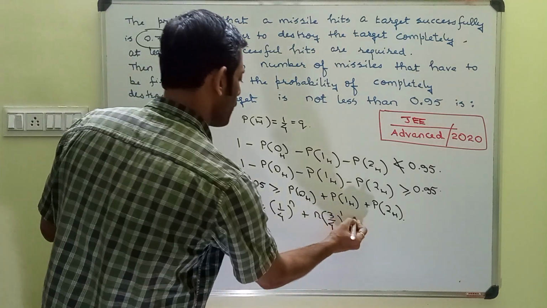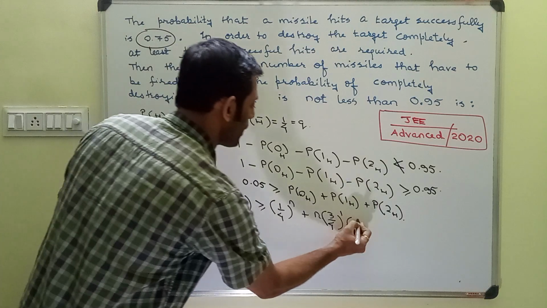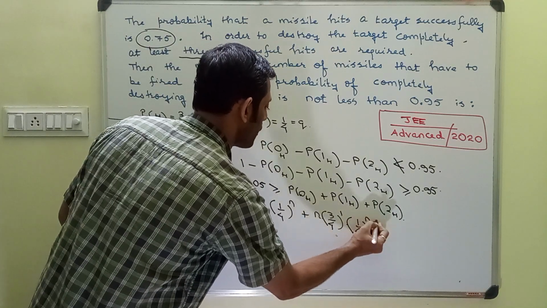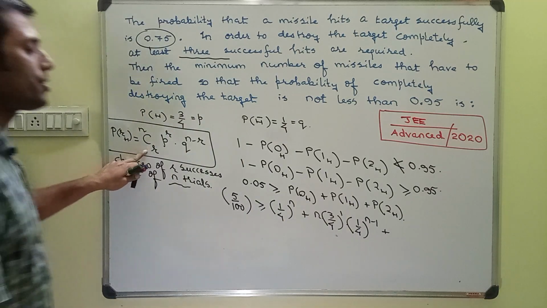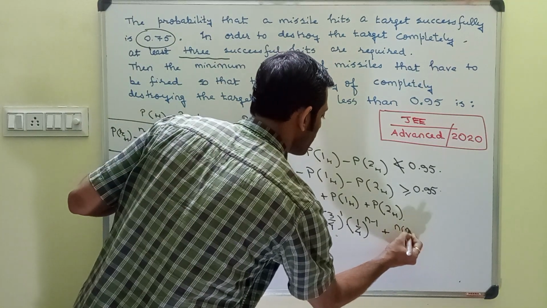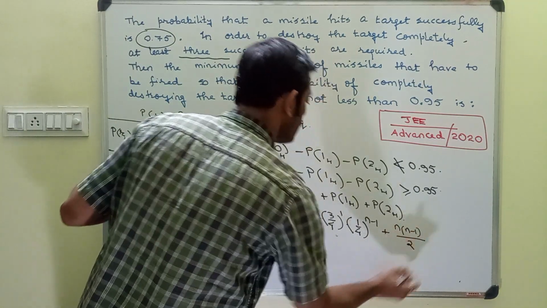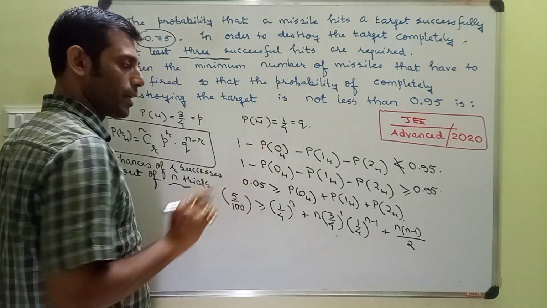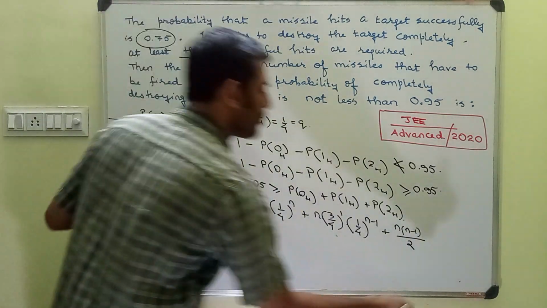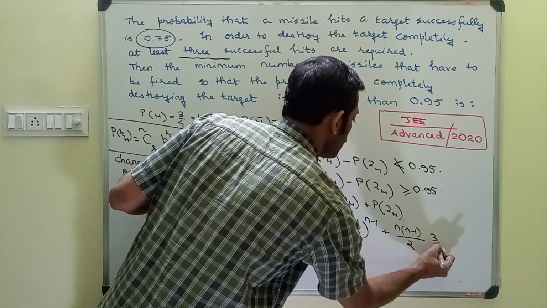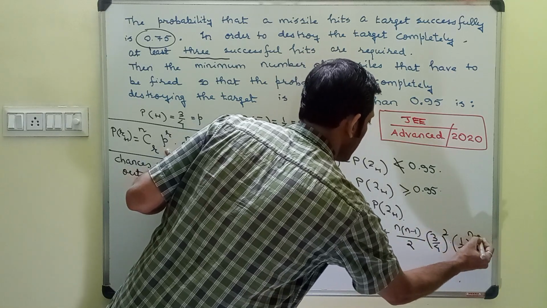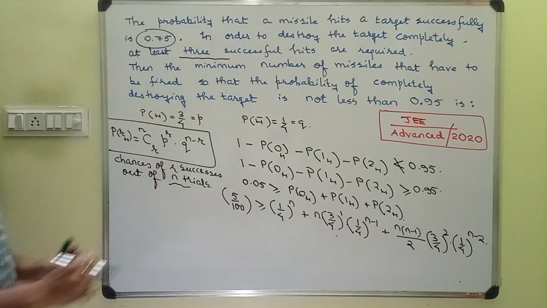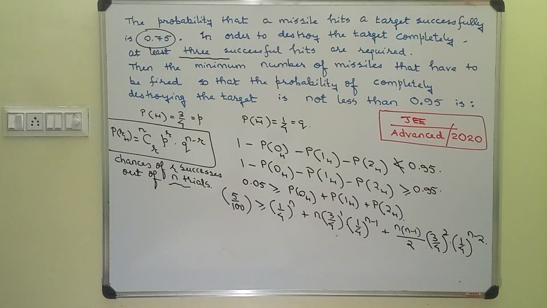And the remaining failures, how many failures? n minus 1, 1 by 4 to the power n minus 1, plus 2 missiles on target, that is nC2. So therefore n into n minus 1 by 2 factorial, n minus 2 factorial cancels, into P power 2, that is 3/4 whole to the power 2 into 1/4 to the power n minus 2. This is going to be a basic calculation which we will solve.